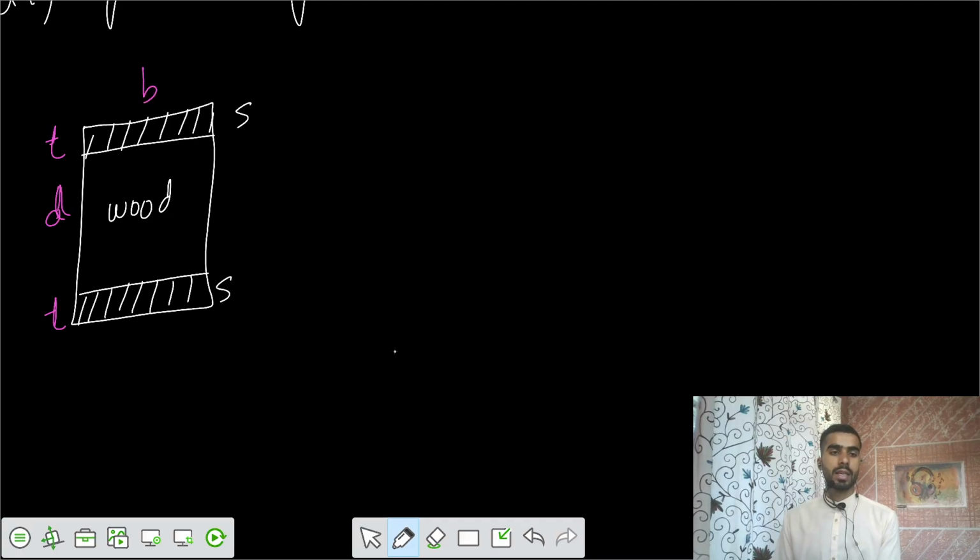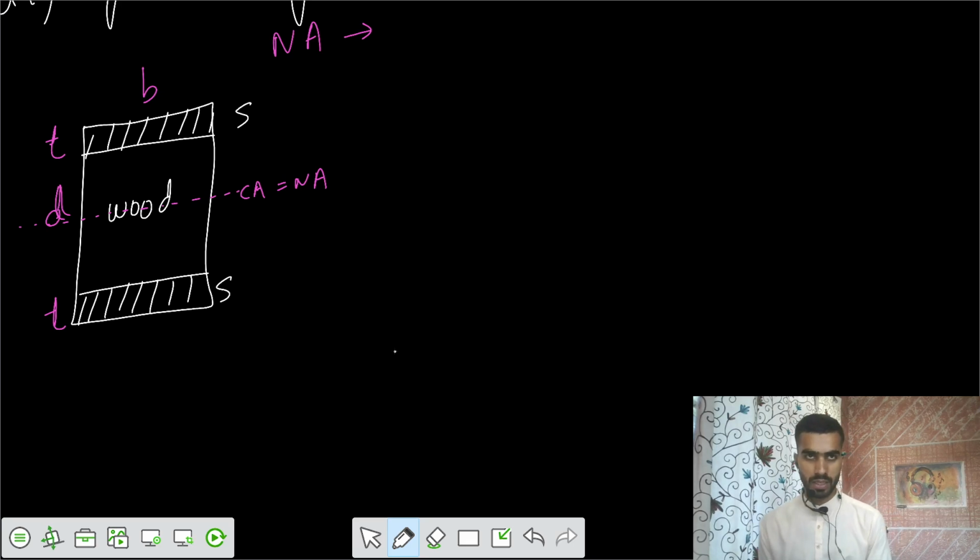From the symmetry, I can say the neutral axis would be somewhere here, at the centroidal axis. So the neutral axis equals the centroidal axis. In this case of a symmetric composite section, the neutral axis is easy to find because it is at the centroid; you can directly say it's at the mid.